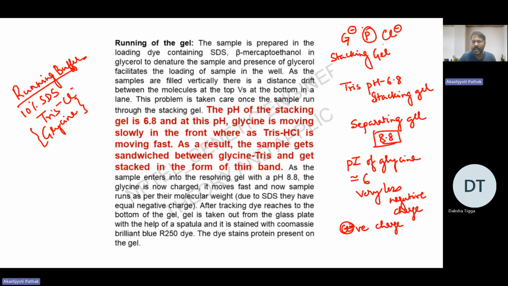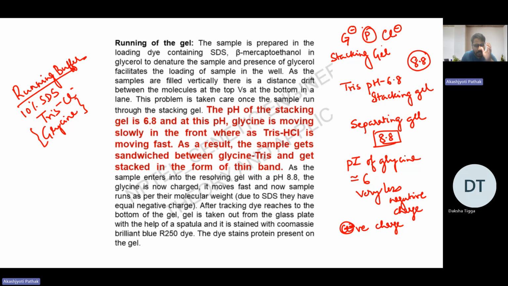Now, after the stacking gel, what happens? After the sample crosses the stacking gel, it moves into the separating gel. Now the separating gel has a pH of what? It has a pH of 8.8. Since it has a pH of 8.8, the glycine molecules will be highly negatively charged, because here the pH is much greater than the pI of the glycine.